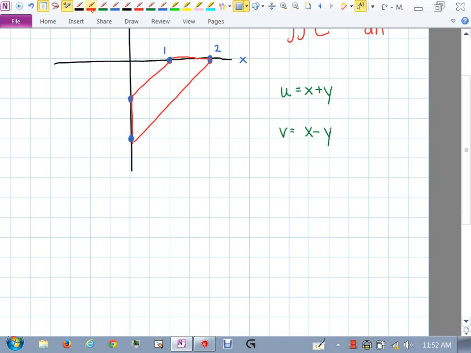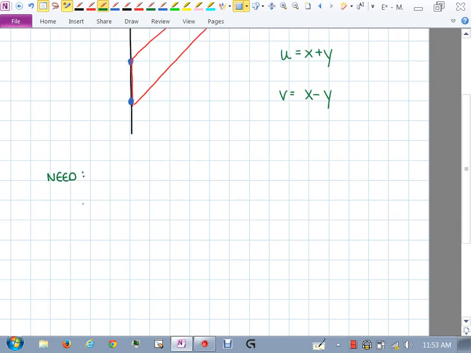What did I say you needed to start these problems? You need basically two things. I need x of u and v. You need your x in terms of the two new variables you have.